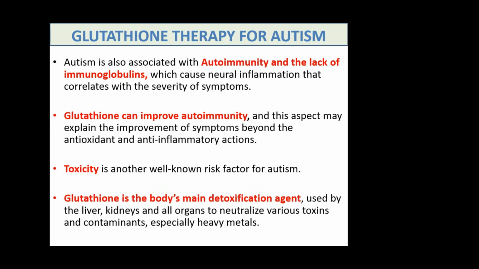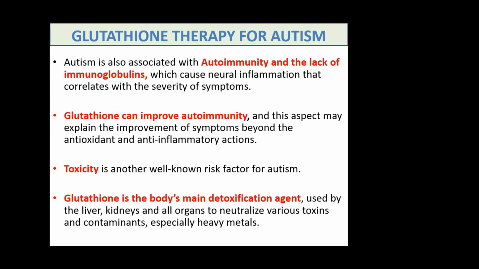Autism is also associated with autoimmunity, the lack of immunoglobulins, which cause neural inflammation that correlates with the severity of symptoms. Okay. I note that glutathione can improve autoimmunity, and this aspect may explain the improvement of symptoms beyond the antioxidant and anti-inflammatory actions.